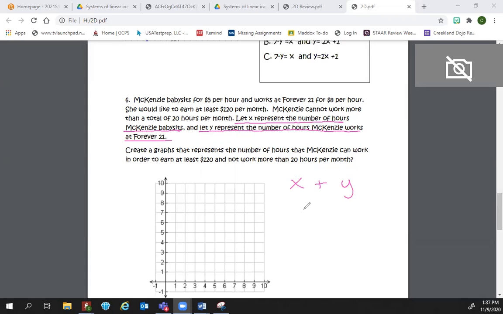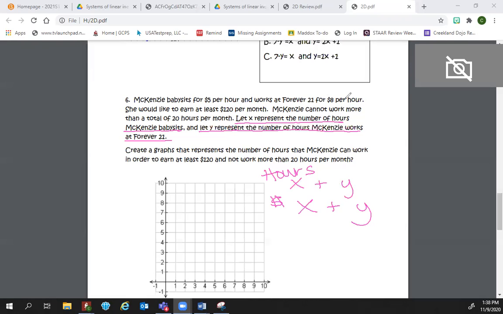Are we going to have 2 equations with X and Y in it? Yes. Okay. My 2 equations are going to represent the hours she worked and the money she made. So put hours and money. Do I know how many hours she works babysitting? No. Do I know how many hours she works at Forever 21?